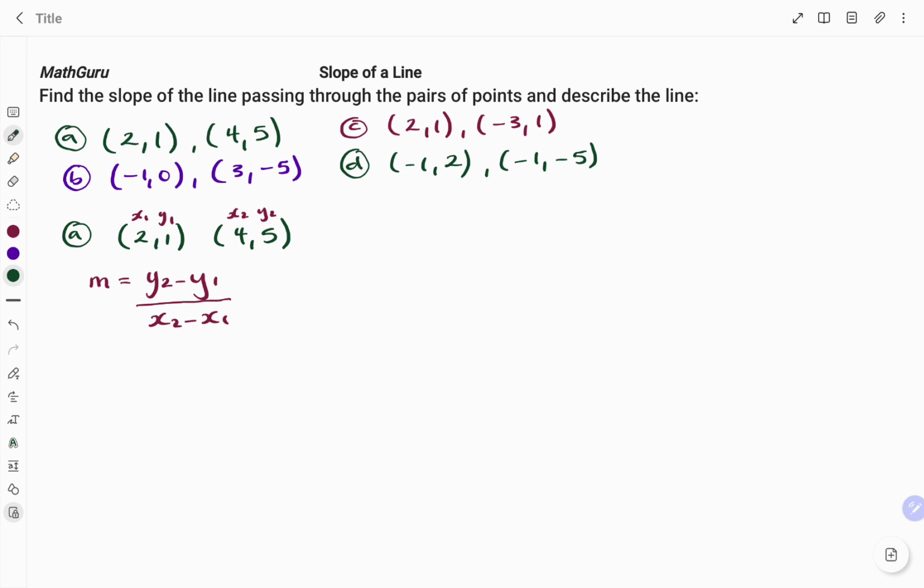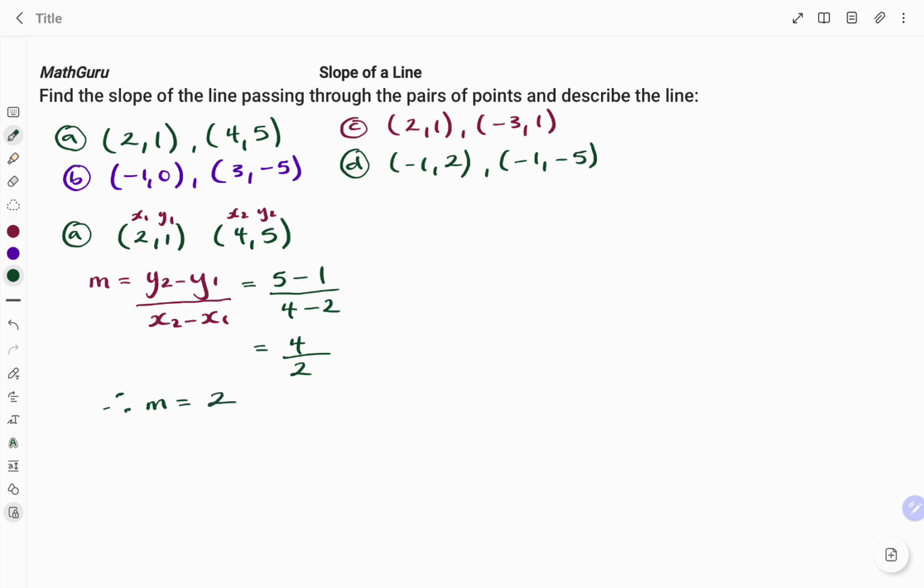So to calculate the gradient, I'm going to slot in the values. y2 is 5 minus y1, which is 1, divided by x2, that's 4, minus x1, that's 2. Therefore, my gradient m equals 5 minus 1, that's 4, divided by 4 minus 2, that's 2. So m equals 4 divided by 2, which is 2.